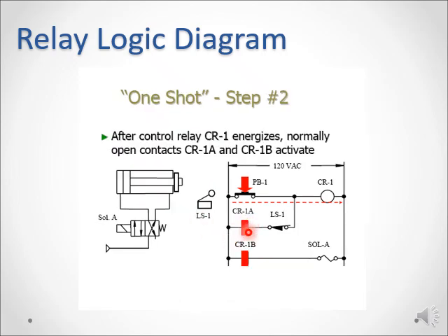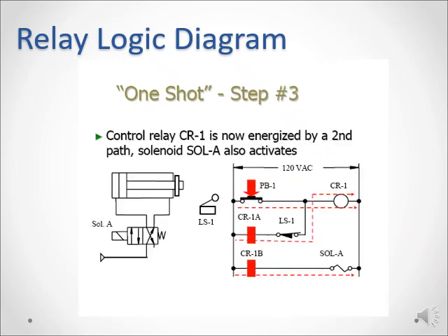So this is now also carrying current, and the solenoid will be activated, so the valve will be switched on. That will cause air to go in and this air to exit from here, and hence this piston will be moving forward.